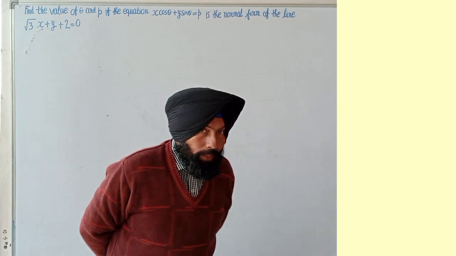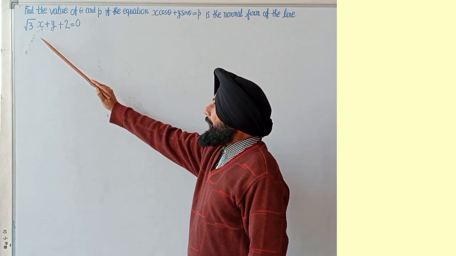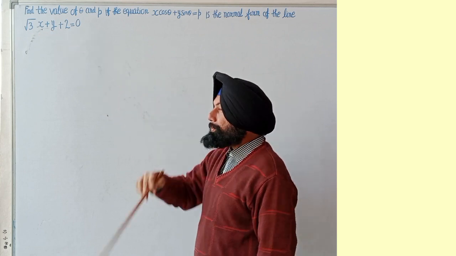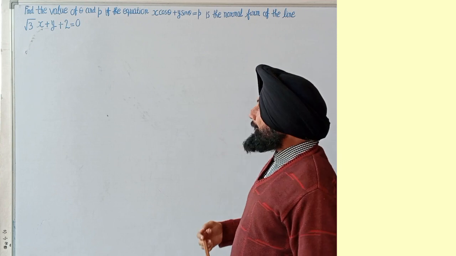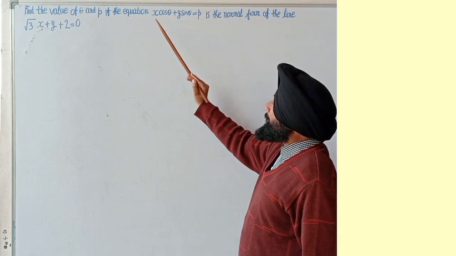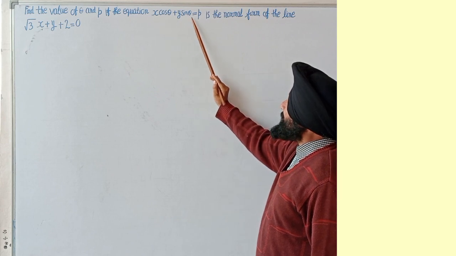Means we have given an equation under root 3x plus y plus 2 equal to 0, and its normal form is x cos theta plus y sin theta equal to p.